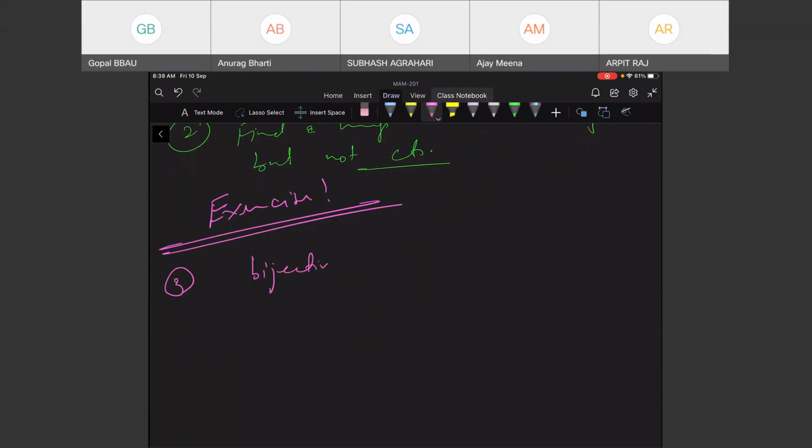It should be a bijective map, bijective and continuous, but not open. Can you give me a map? I tell you that we have seen such an example. We have seen one such example. So a bijective map which is continuous but not open.